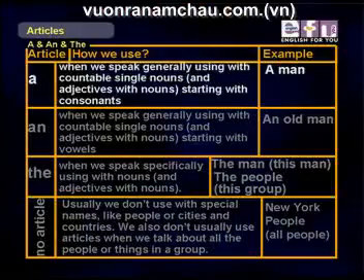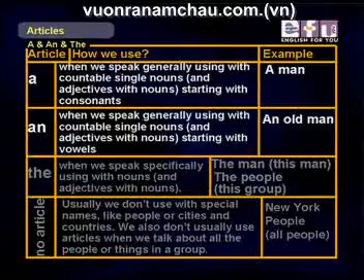First, we have the article a. We use this article when we speak generally with countable single nouns and adjectives with nouns starting with consonants. For example, a man. Our next article we can use is an.